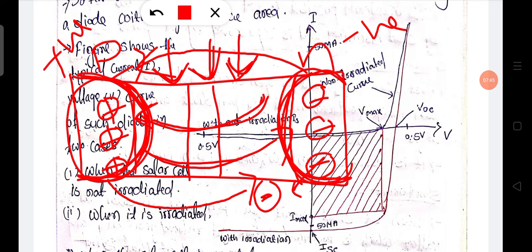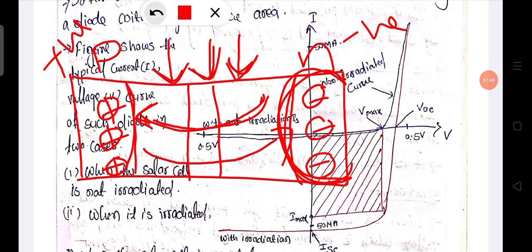At that point the voltage is not increasing further. This is the maximum voltage we can get from the PN junction or solar cell.